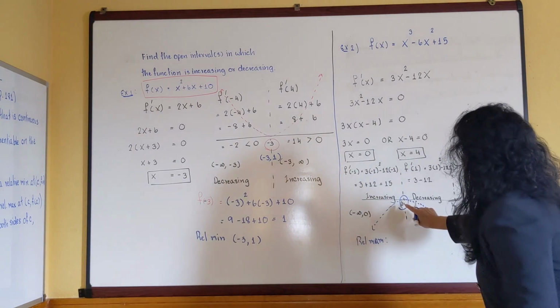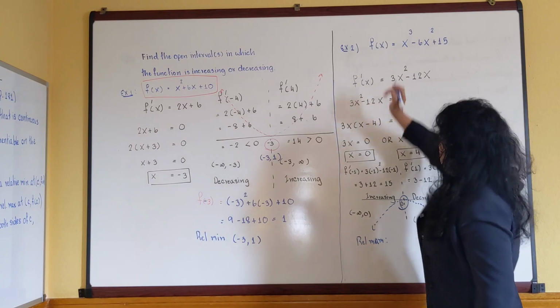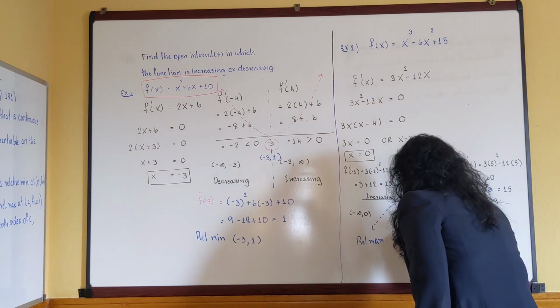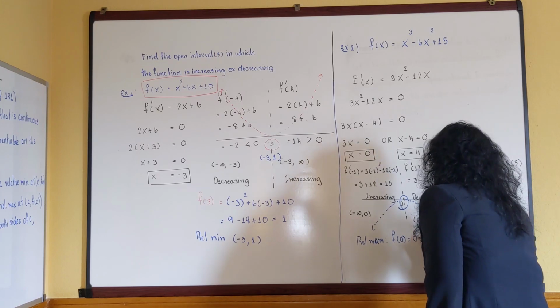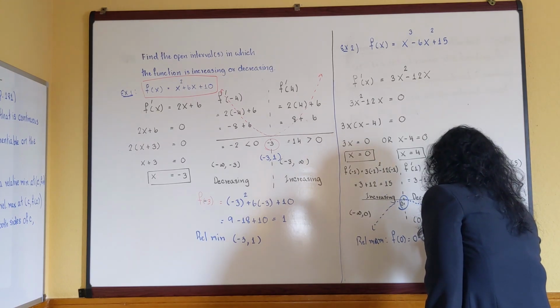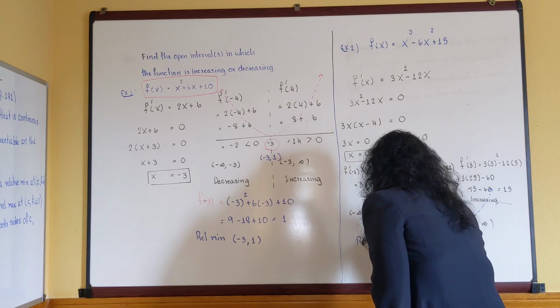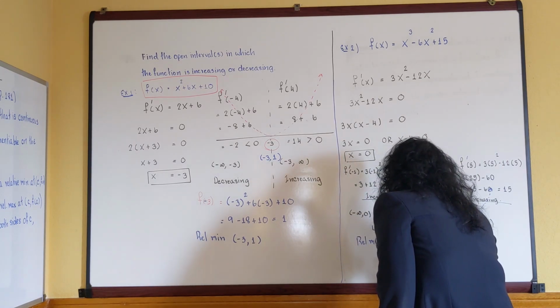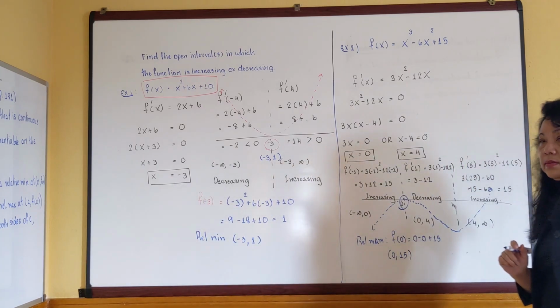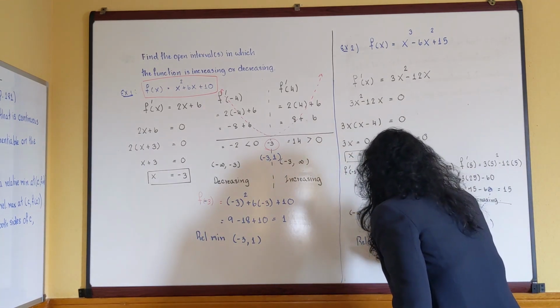Again, you plug in 0 for the original function. So f of 0, you're going to have 0 minus 0 plus 15. So your relative max would be (0, 15). Relative max.